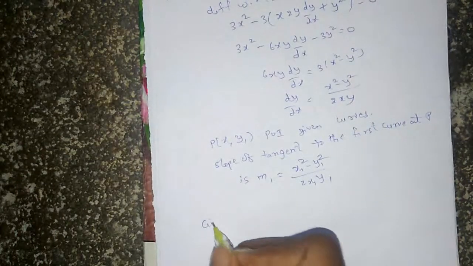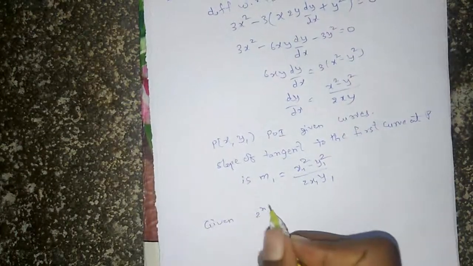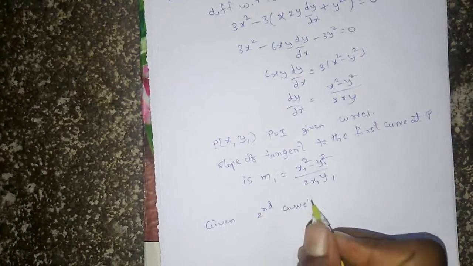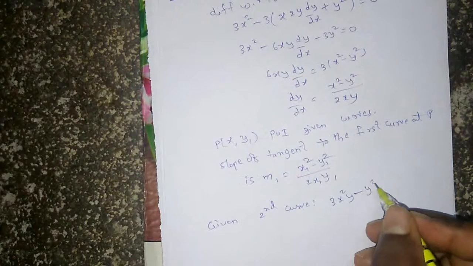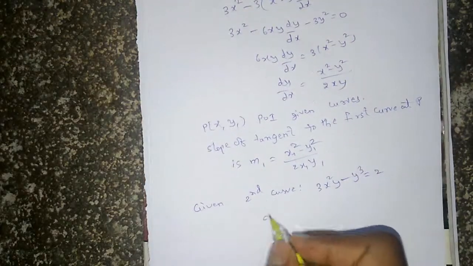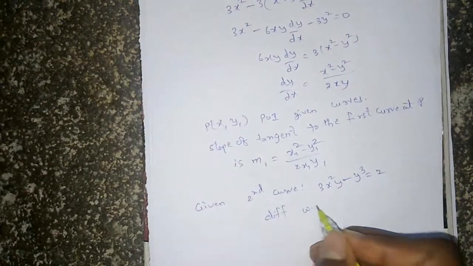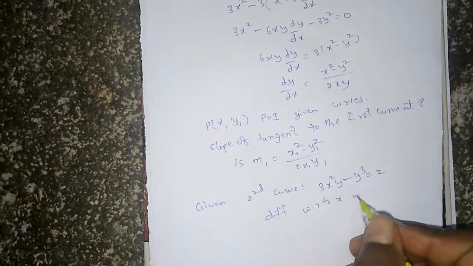Similarly given second curve is 3x square y minus y cube is equal to 2. Here also differentiate with respect to x on both sides.